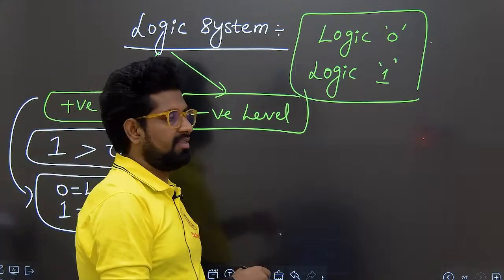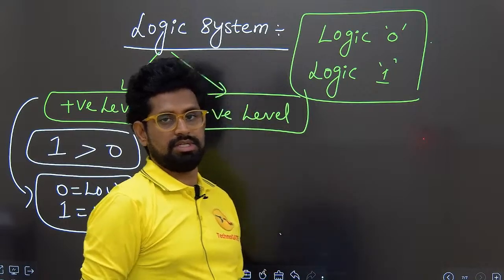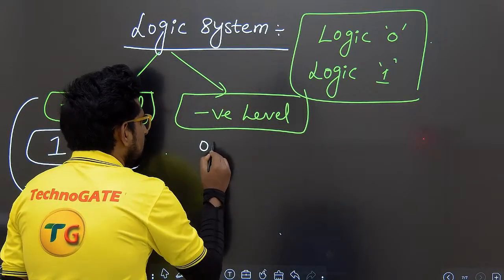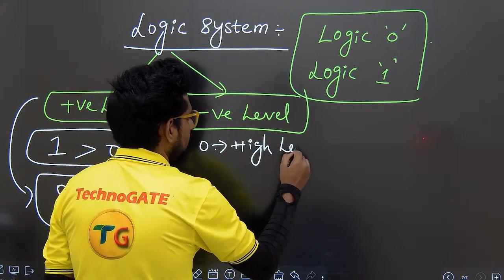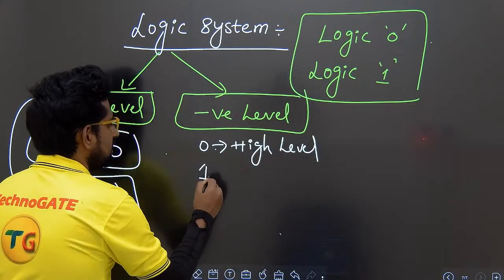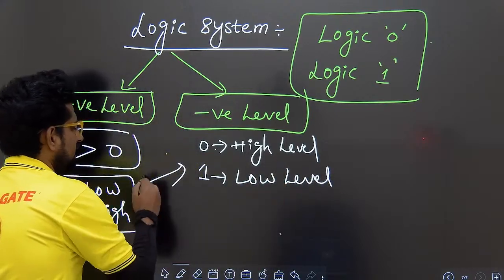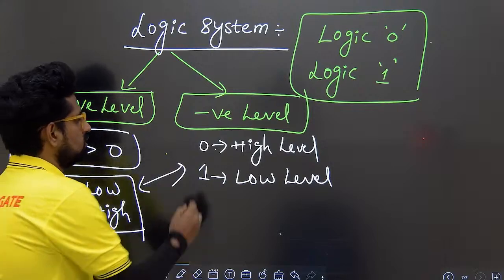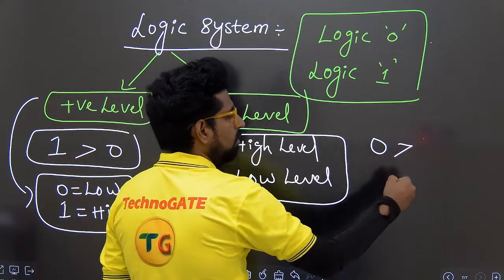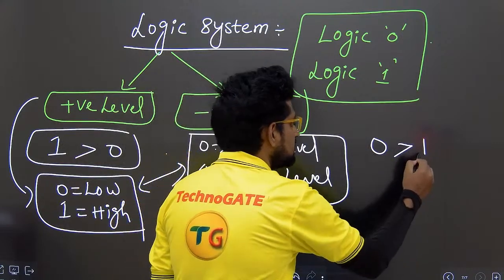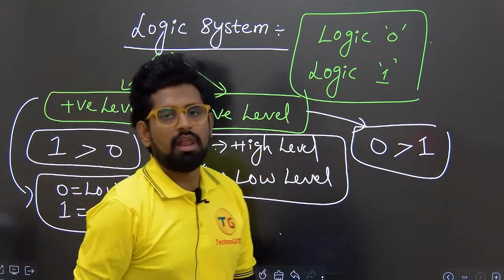In this manner, what is meant by negative level logic system? Just quite opposite. That means 0 is considered as high level here, and 1 is considered as low level. Just the reverse way of writing this. So this is nothing but the presence of 0 is greater than the presence of logic 1, which is nothing but negative level logic system.